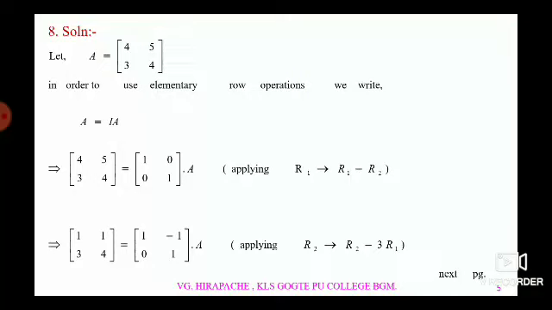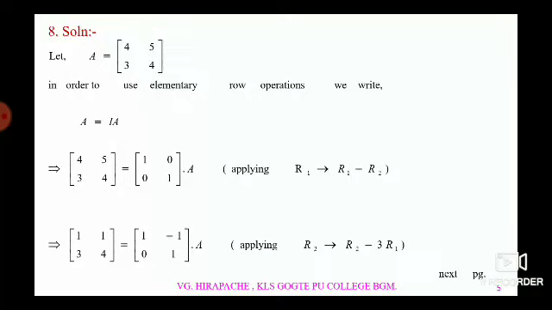Our next step is to get zeros in the secondary diagonal elements. That is, the non-diagonal element must be 0. The first non-diagonal element in the second row is 3. There we should get a 0. Therefore in this case R2 changes to R2 minus 3 times R1. R1 remains the same.